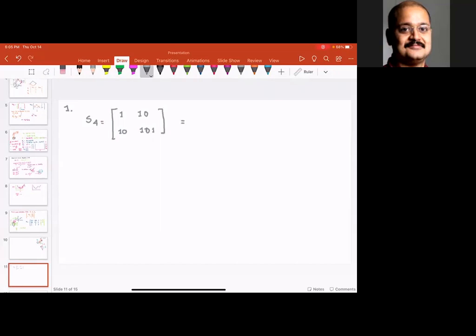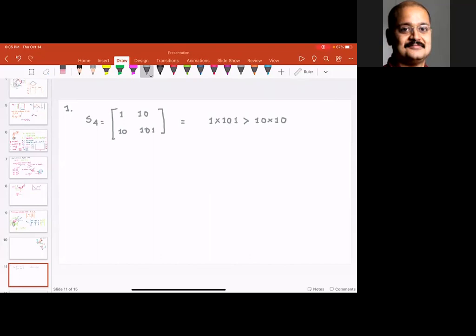So if you look at 1 times 101, that is greater than 10 multiplied by 10. So this is the only matrix which has positive eigenvalues.